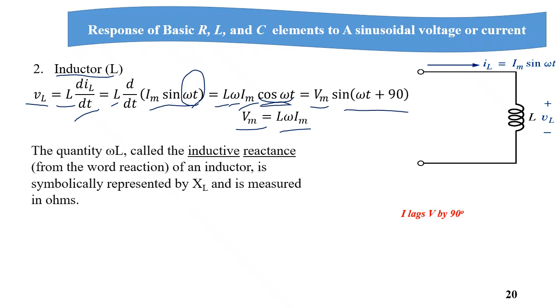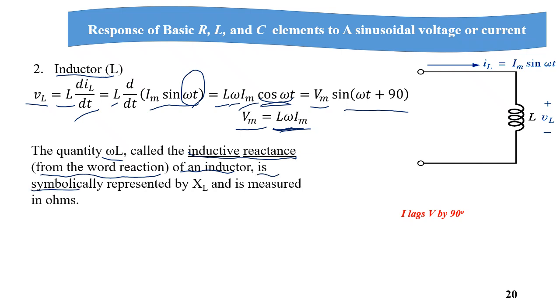The quantity omega L, which is multiplied by I maximum, is called the inductive reactance, or the reactance of the inductor to the passage of current across it. From the word reactance, it is the reaction of the inductor to the passage of current and the application of voltage.